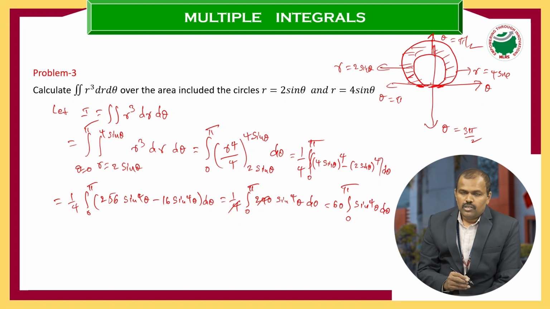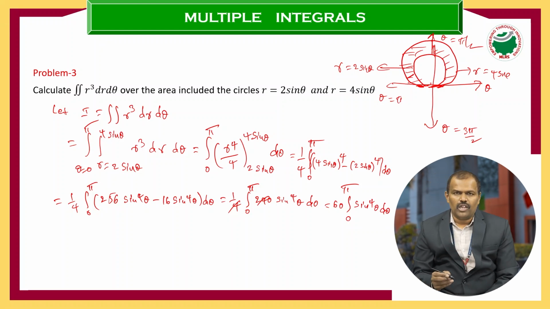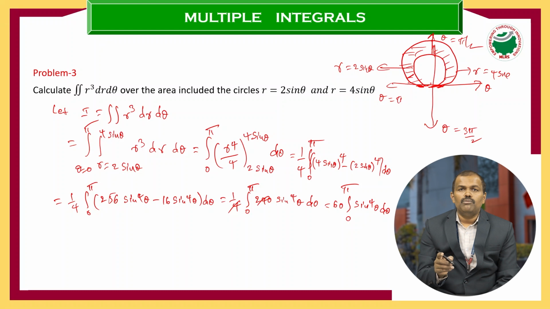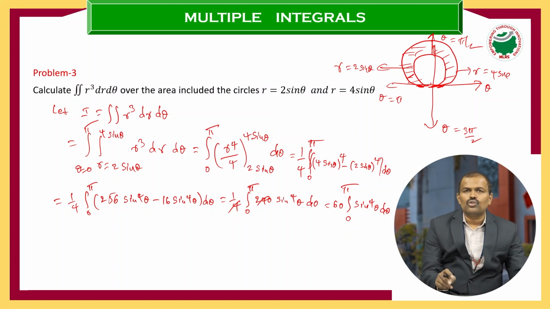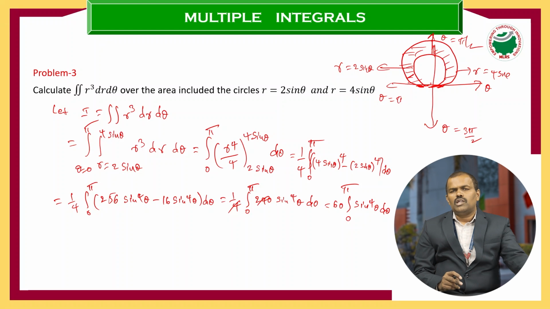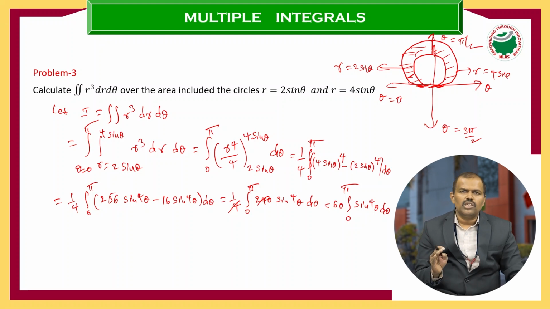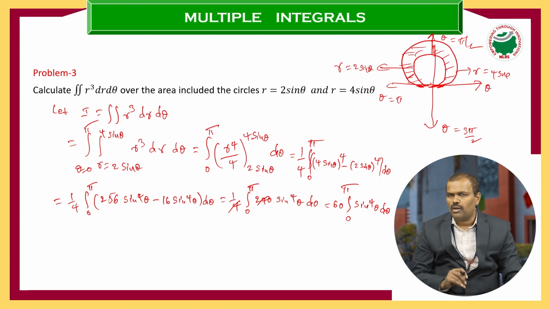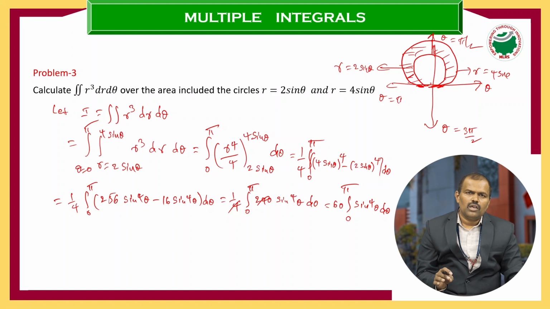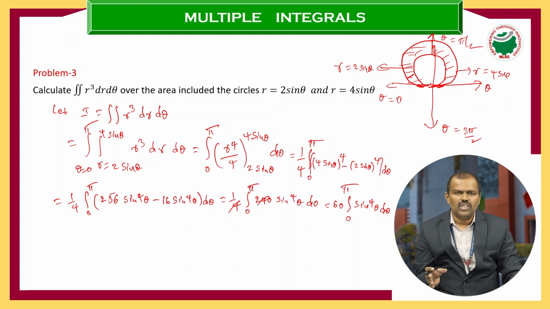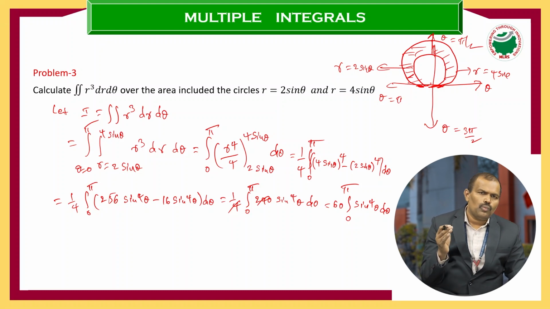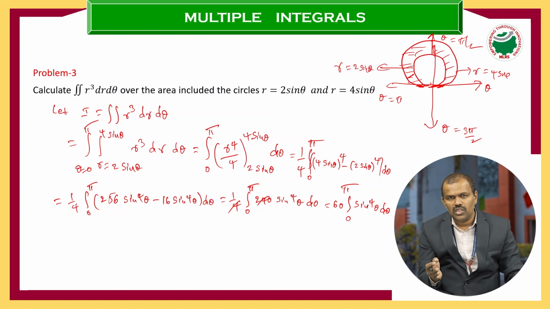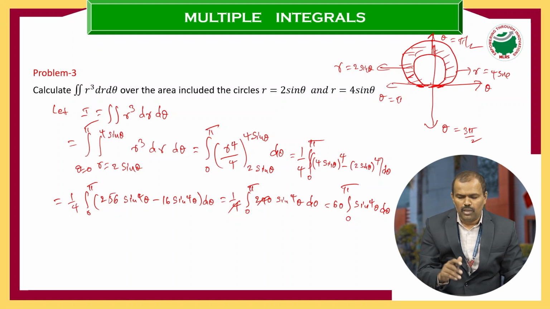So here there is a formula for sin power n, particularly when the limits are 0 to pi by 2. But here the limits are 0 to pi. Whenever the limits are 0 to pi by 2, the formula for the integral of sin power n theta d theta is there. So by the properties of integrals, integral 0 to pi, that is 0 to 180 degrees, can be written as 2 into integral 0 to pi by 2.